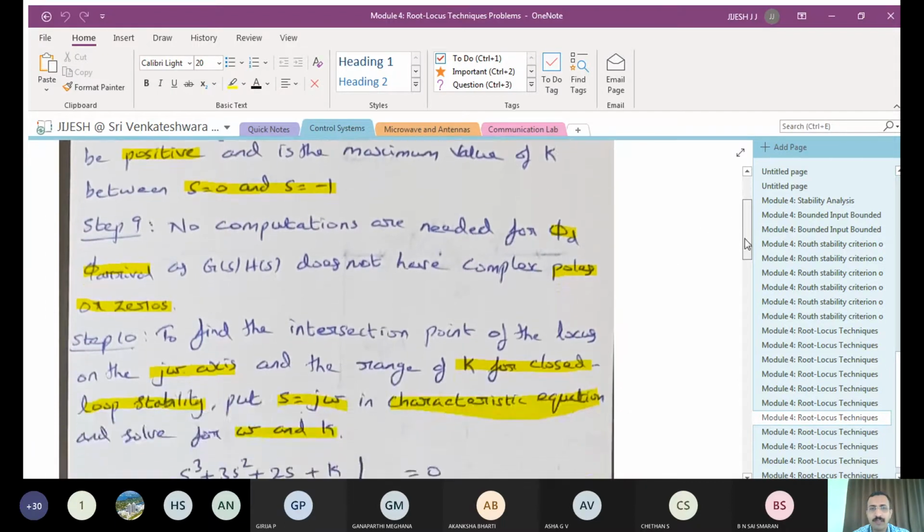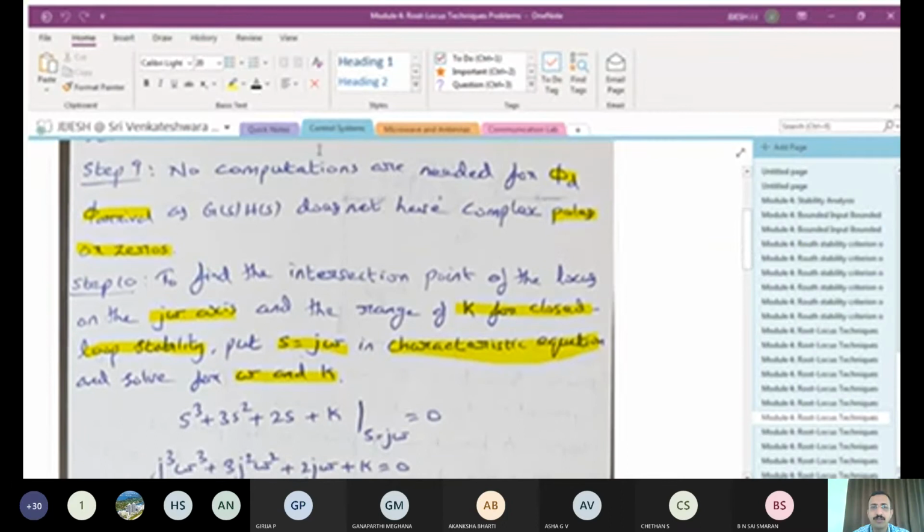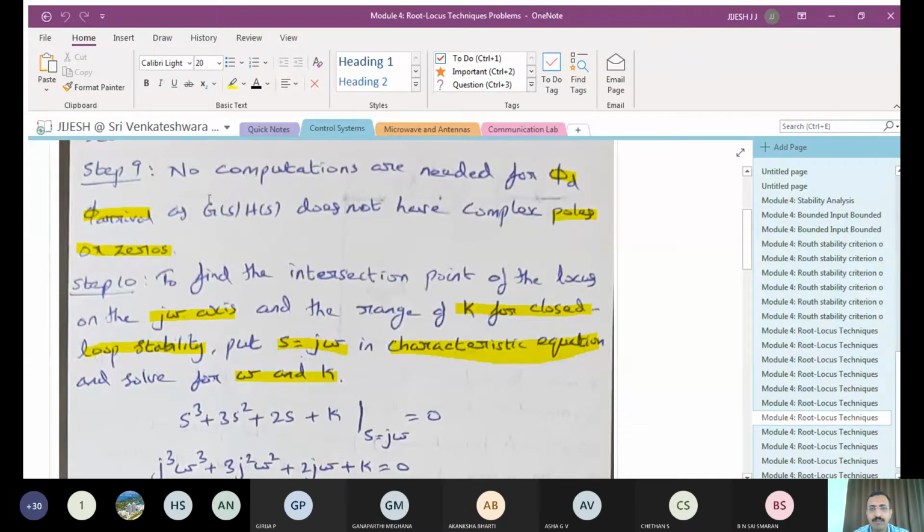After that, there is no need to find the angle of arrival and angle of departure, because G(s)H(s) does not have complex poles or zeros. If you have complex poles or zeros, then you have to find the angle of departure and angle of arrival. So that's what we did.